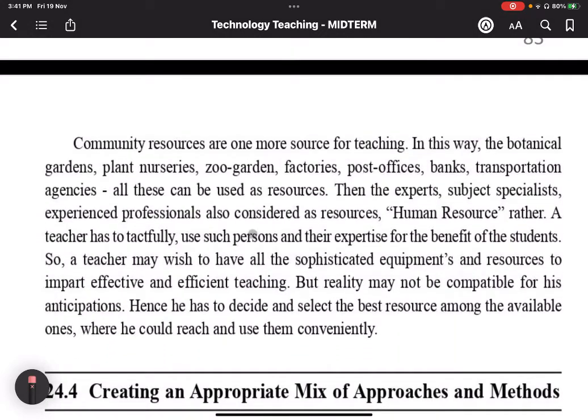Also, community resources. In this way, the botanical gardens, plant nurseries, garden factories, post office, bank. Kaya pag minsan, ang isang school o ang isang class, may tinatawag tayong excursion, di ba? It is one way of giving the students a different learning experience. Pupunta tayo, for example, sa botanical garden para makita yung different types ng plants.